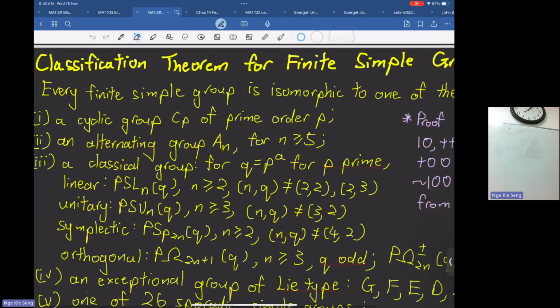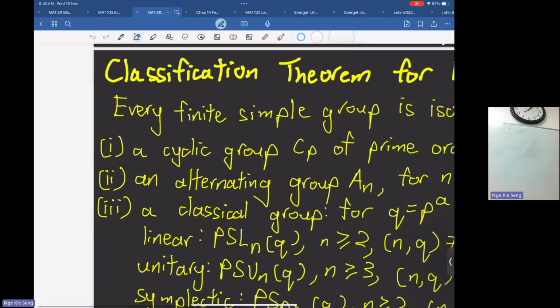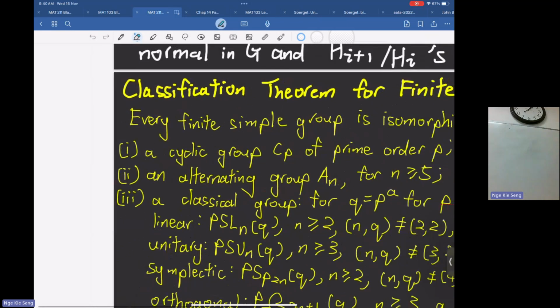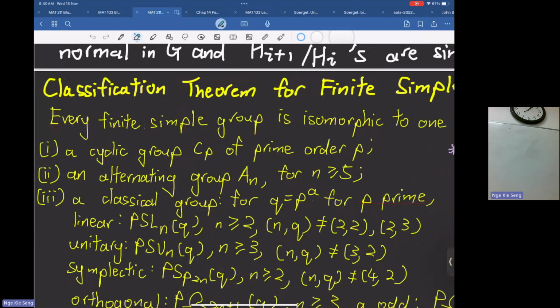Because this is only considering finite simple groups. We classify all the finite simple groups, and because this is finite, every group has a cardinality. So the monster has the highest cardinality, about 2 times a large magnitude. I forgot what the magnitude is.